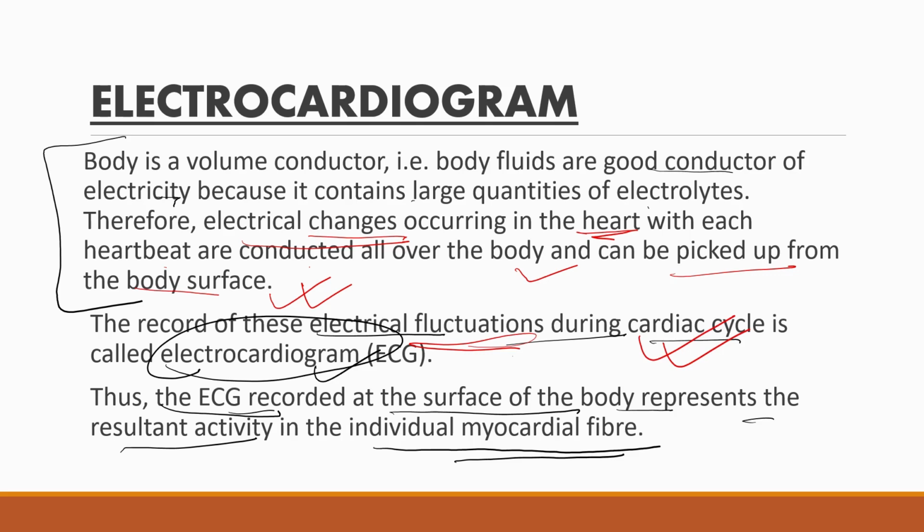Clear? As our body is a volume conductor, the body fluid acts as a conductor of electricity. So, the electric changes that occur during each heartbeat are conducted to different parts of the body, and this can be picked up from our body surface, right? Now, these electric fluctuations can be measured, and the record is termed electrocardiogram. Hope this is clear for you.